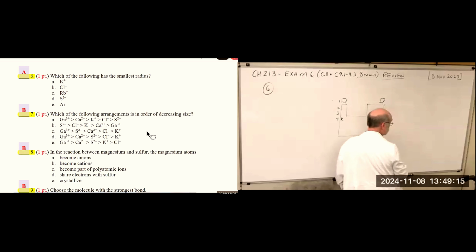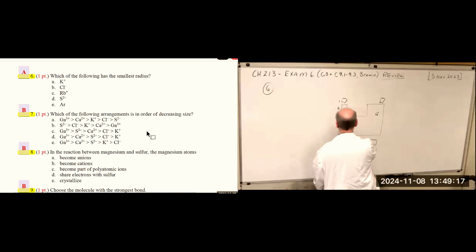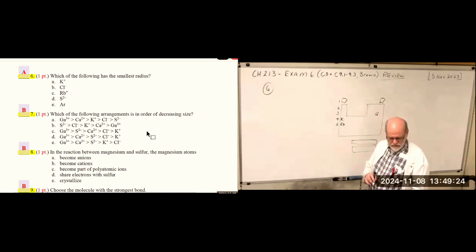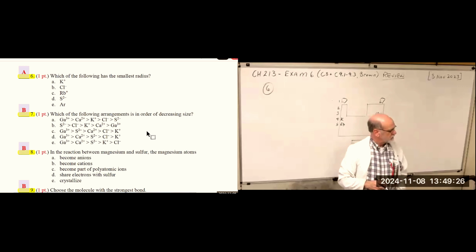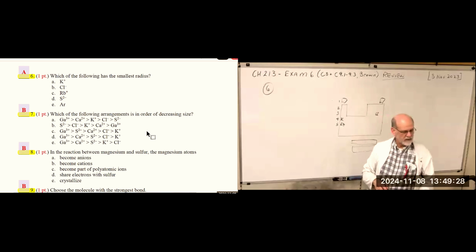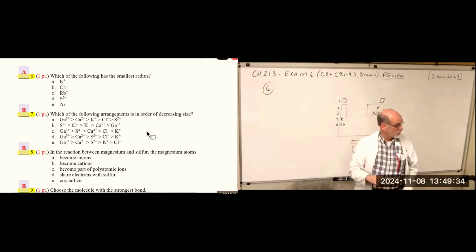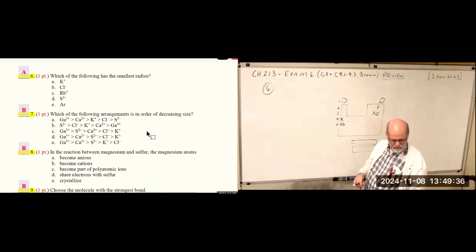Rubidium. Rubidium is down here, below potassium. And sulfur is in the third period below oxygen. So if this is fluorine, this would be sulfur next to chlorine. And the last one, argon.